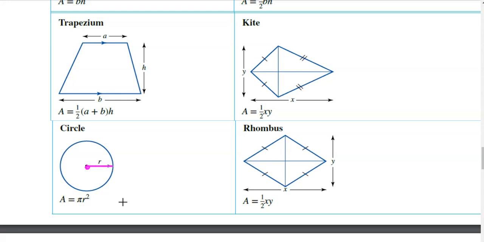And we have a very simple formula for the area of a circle. Area equals pi times the radius squared. And pi, remember, is 3.14, and so on.